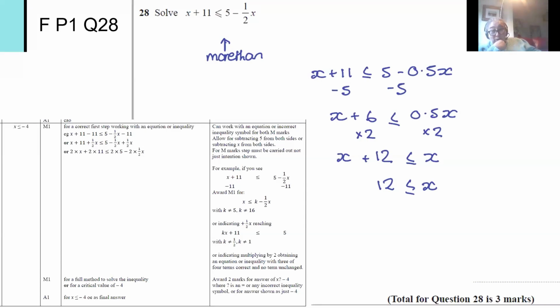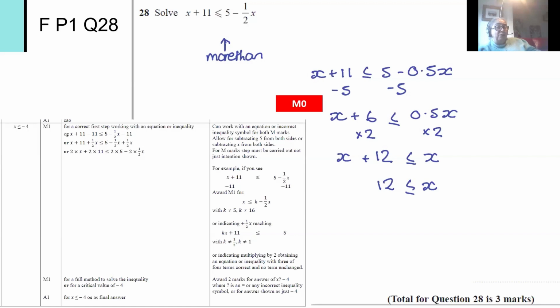They'd obviously written more than that, but that doesn't impact what they're doing. But they got 0, because we needed to have seen... they indicated -5 on both sides, but in the subsequent line, the minus 0.5x has then incorrectly become 0.5x.